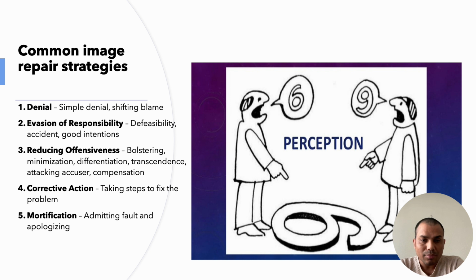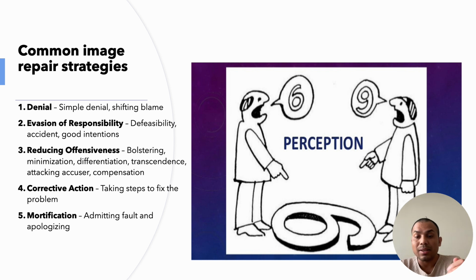The fifth one is mortification. Normally this one you will hardly find with a corporate organization or public figure. They will only do this at the end when they see that there is clear evidence of doing wrong. So they accept their fault. Okay, this is our fault, so we are sorry. Otherwise, normally they try to follow the first 2 or 3 strategies.